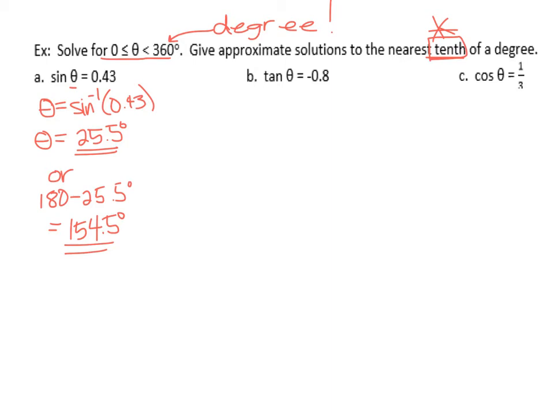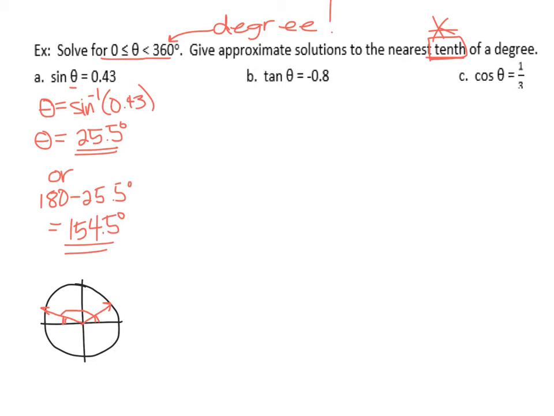So thinking about what this actually means on our circle, if we visualize our circle, we know that 25.5 degrees would be somewhere in quadrant 1, a little bit lower than that 30-degree mark. But 154.5 would be all the way over in quadrant 2, kind of at that same height. So the distance to the x-axis on each side would be the same. That's kind of the purpose behind finding both solutions.